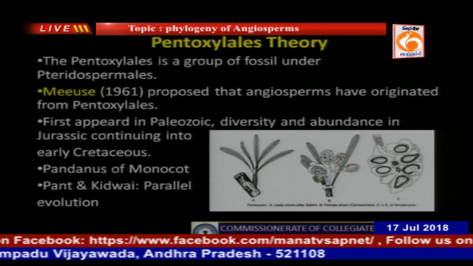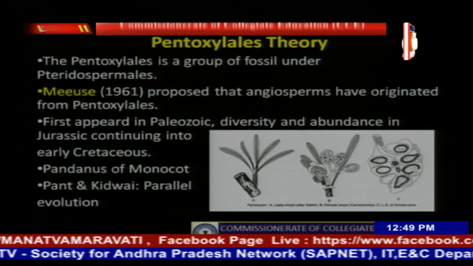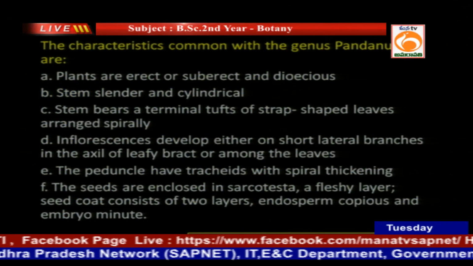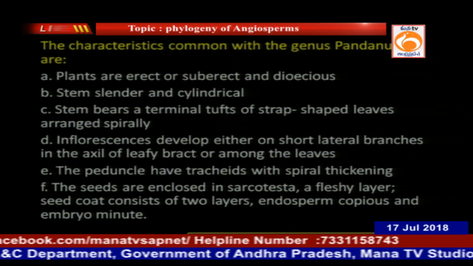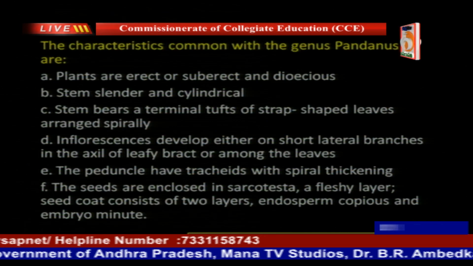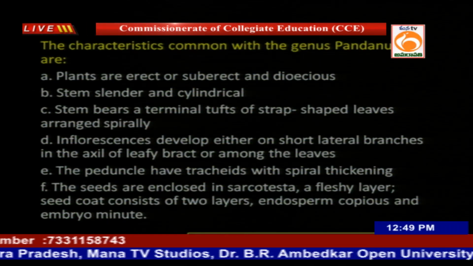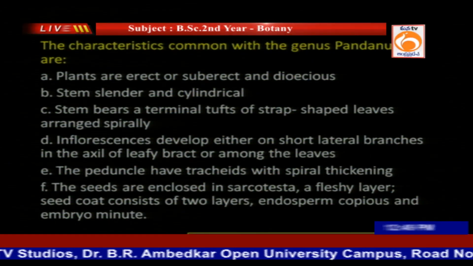Just as we looked at the Bennettitales, which show similarities and differences, Pandanus also shows similarities and differences. Pandanus is a monocotyledonous plant showing somewhat common features with Pentoxylon, and Meeuse listed certain similar characters.